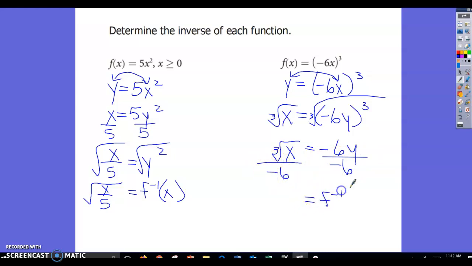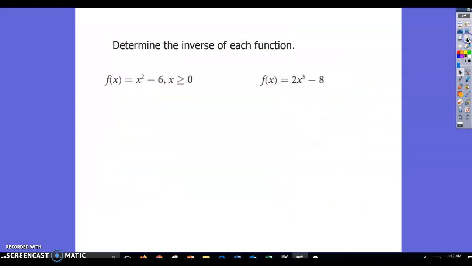So f inverse of x equals the cube root of x over negative 6. The order in which you do the operations depends on whether you have those parentheses or not. There's no restriction on the domain here because a cubic function and a cube root function do not have limited domains.